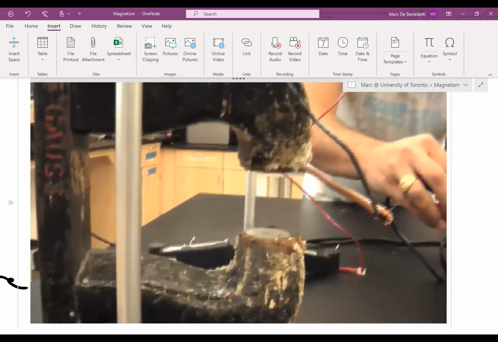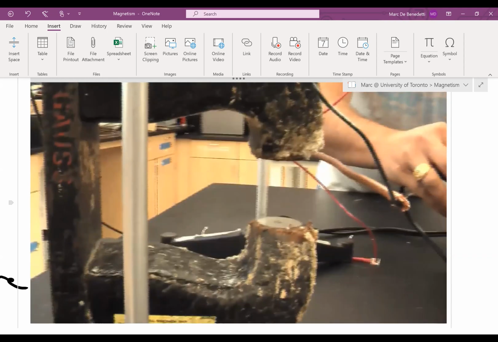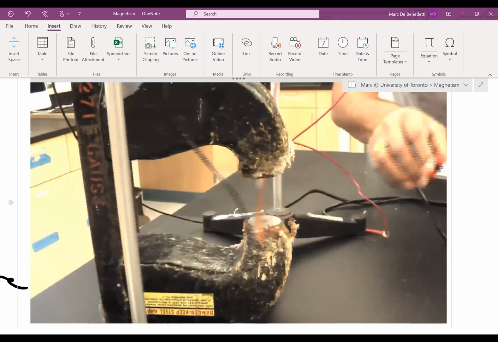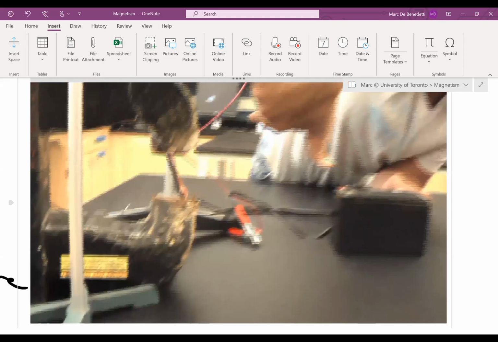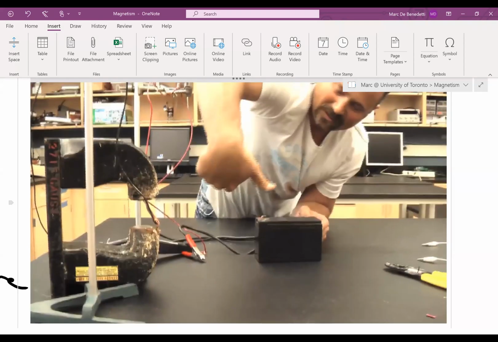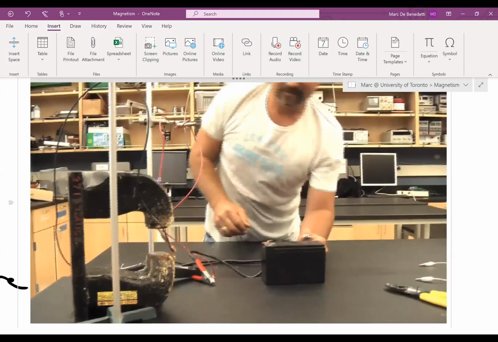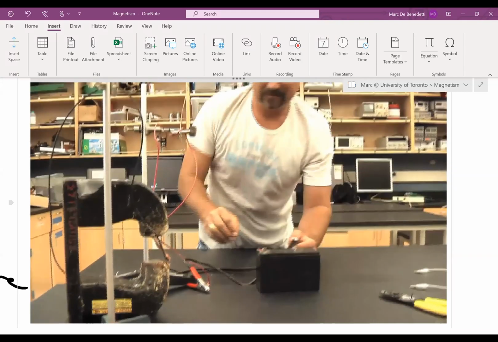Because now that I've reversed the direction of the current, current is flowing this way, magnetic field is pointing up, we expect an outward force. And that's what you see. Right-hand rule, simplified.